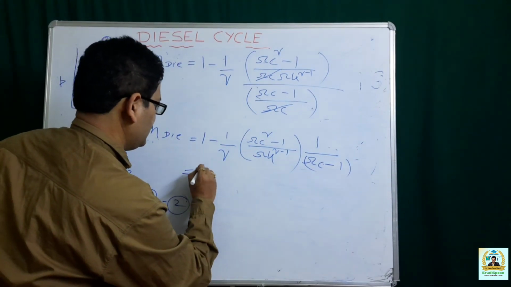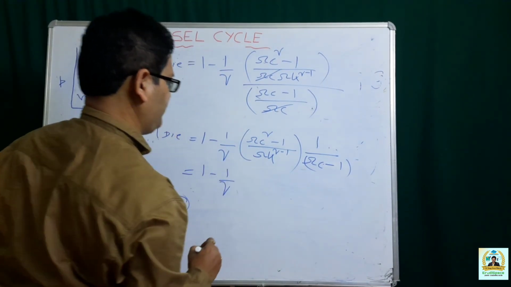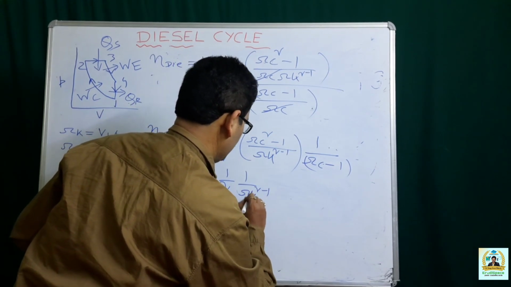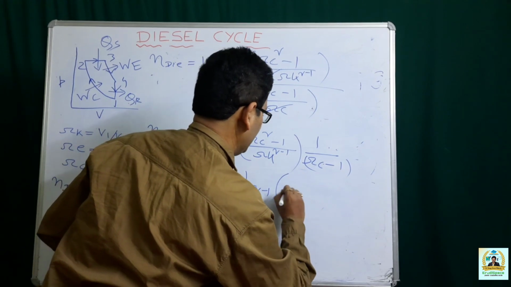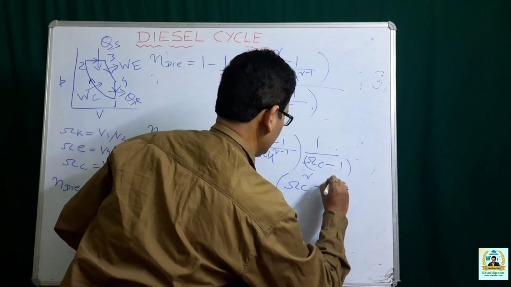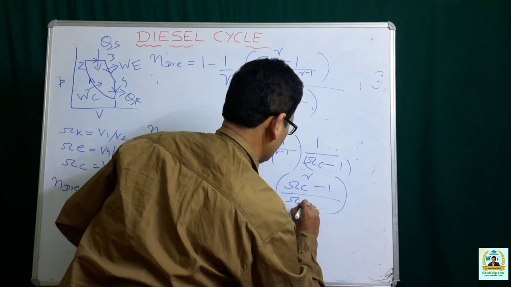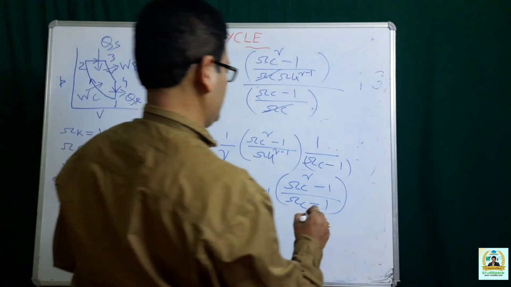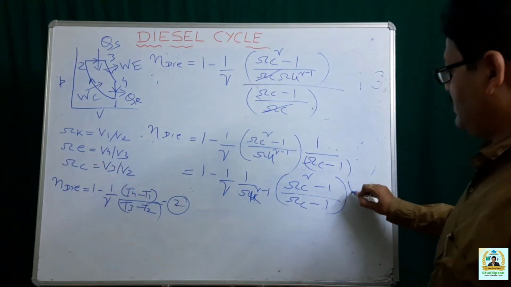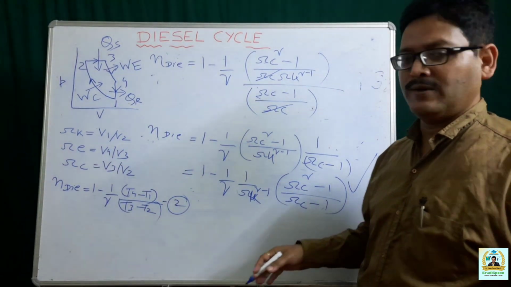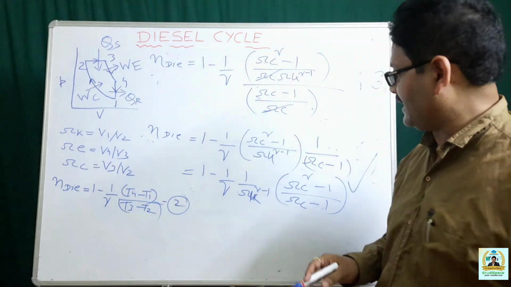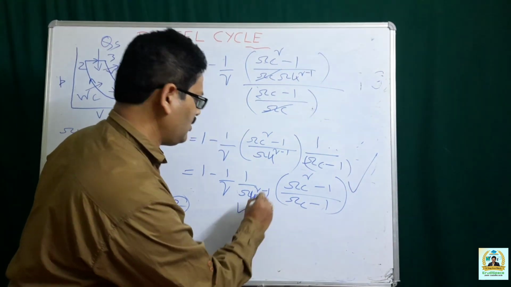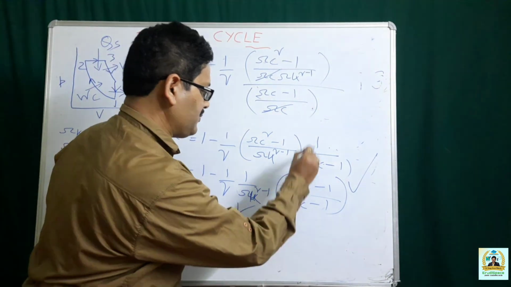Or this becomes 1 minus 1 by gamma, 1 by Rk to the power gamma minus 1 multiplied by Rc to the power gamma minus 1 divided by Rc minus 1. And this is the second expression for the efficiency of a diesel cycle, and this is of course in terms of your compression ratio and your cutoff ratio.